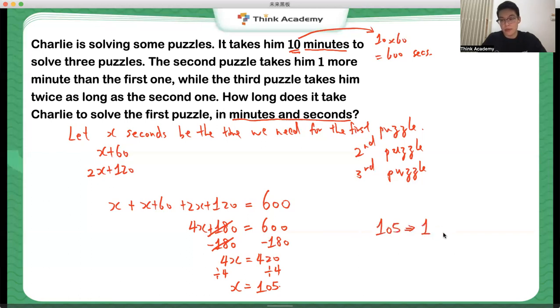So it's 1 minute, 45 seconds. And that's 105 seconds. Yep, that's right. So the answer is 1 minute and 45 seconds.